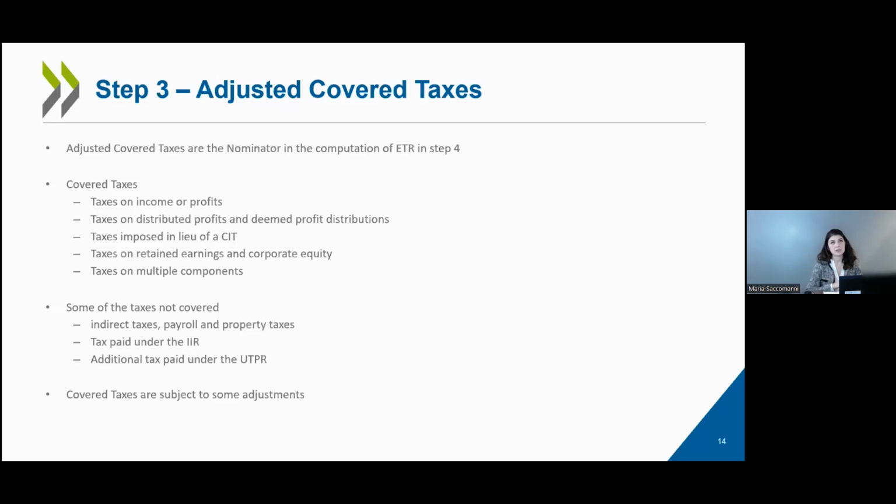What is definitely excluded are all the indirect taxes like VAT, consumption taxes, sales tax, payroll and property taxes, which are taxes that generally are accounted not in the tax line, which is the place dedicated to corporate income tax, but you can find these indirect taxes typically in other administrative expenses. So basically, there is no need to make an adjustment on that basis.